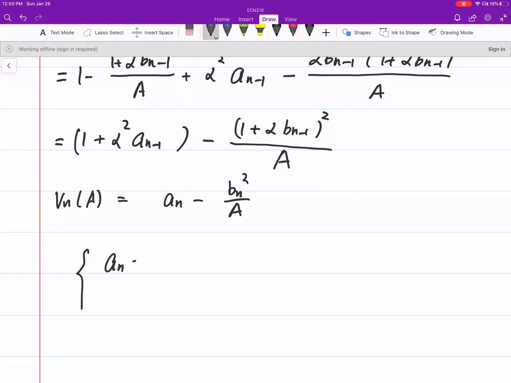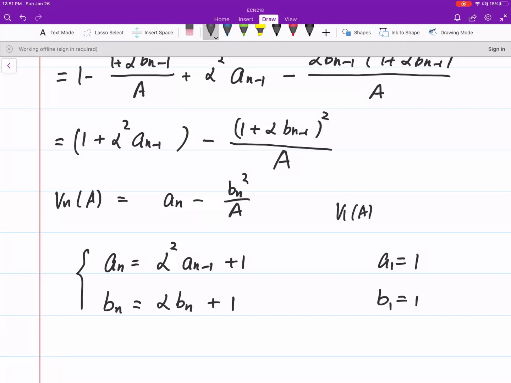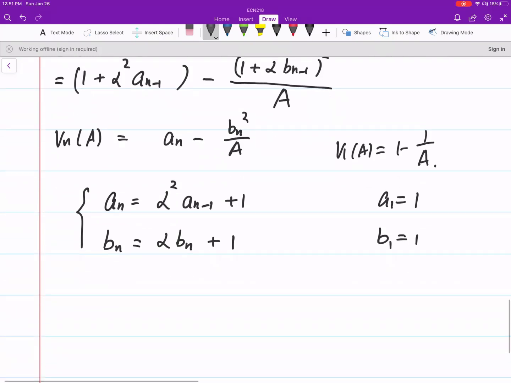That means a_n should be equal to alpha squared a_{n-1} plus 1, right? And remember, a_1 is equal to 1. And also b_n, we should have, it's inside, right? b_n is going to be alpha b_{n-1} plus 1, right? And b_1 is also 1 because we started with, remember, that v_1 of A is equal to 1 over 1 minus A, right? That's what we have.